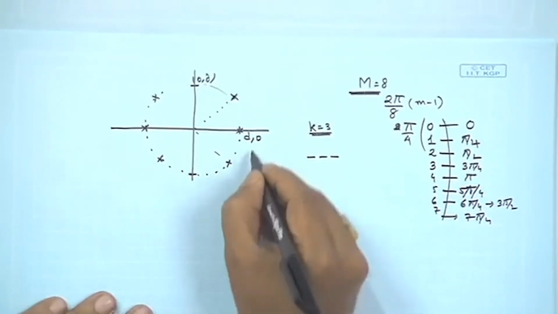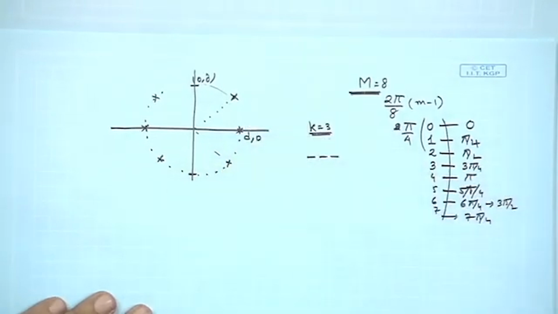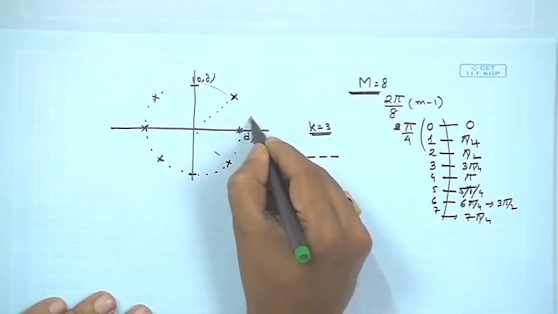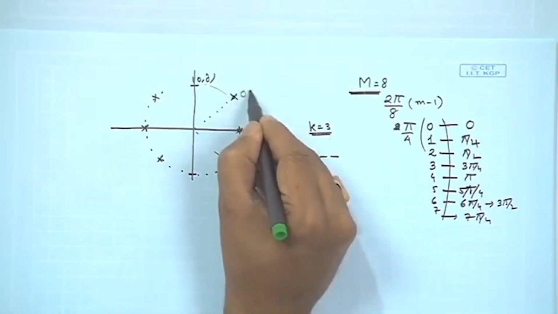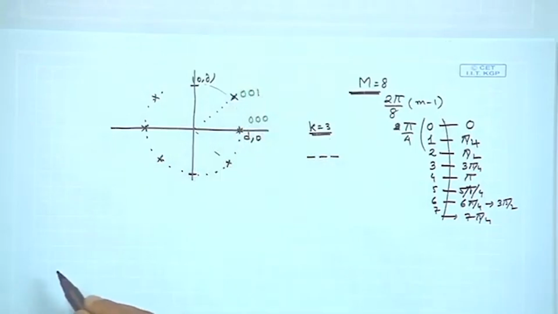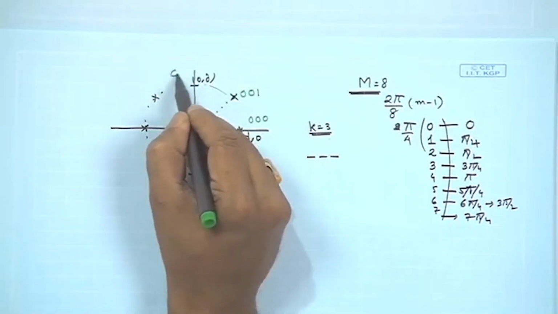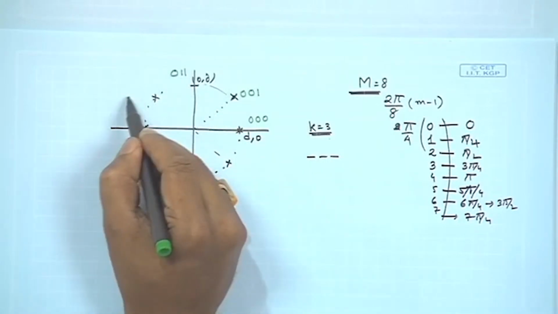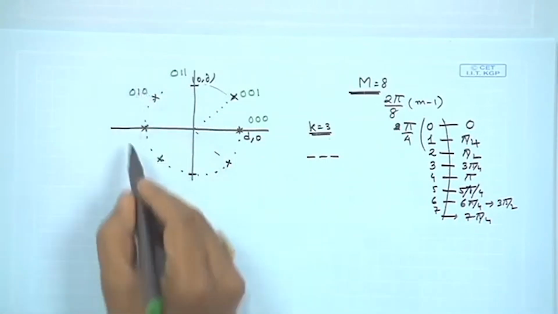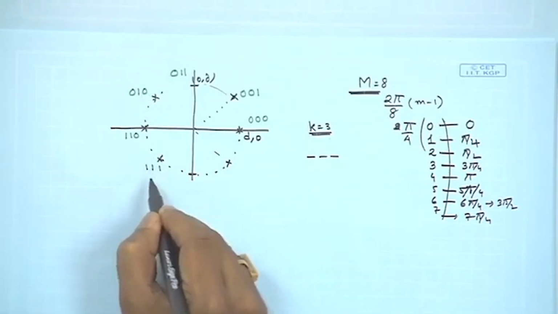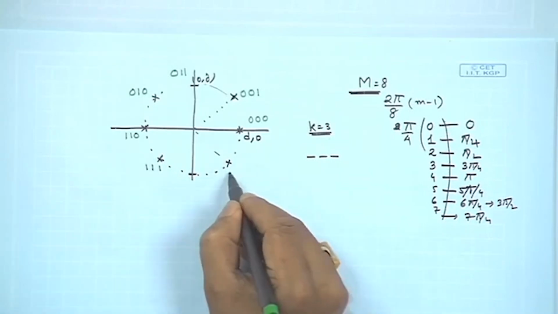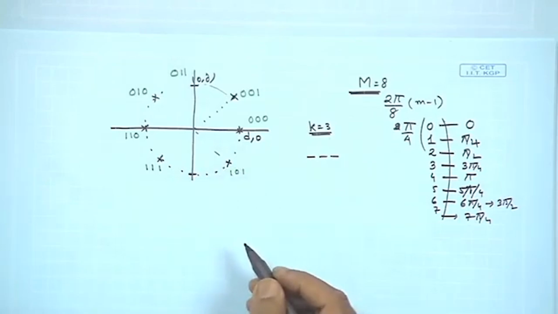One of the possible ways of mapping would be, let us put 0, 0, 0 to this, then we could put 0, 0, 1 to this, and then 0, 1, 1, followed by 0, 1, 0, 1, 1, 0, 1, 1, 1, and so on, and 1, 0, 1, and so on and so forth. So, with this you could again create something similar to a gray coding, and you could carry forward.